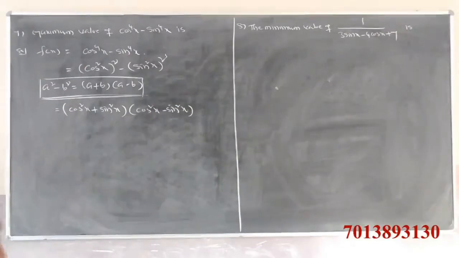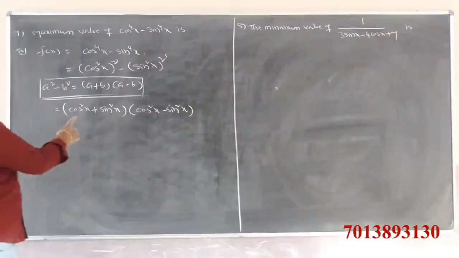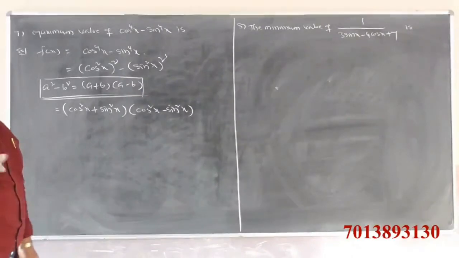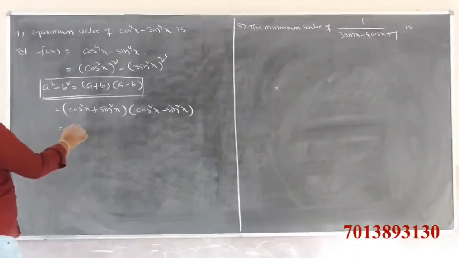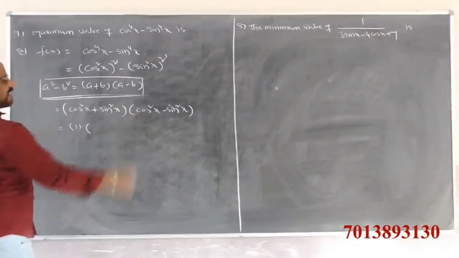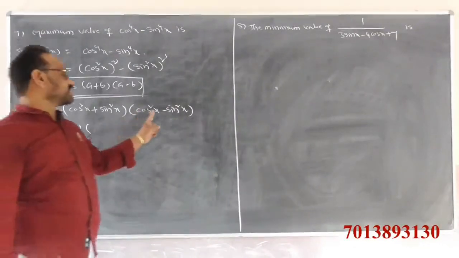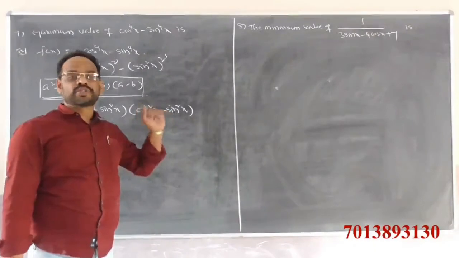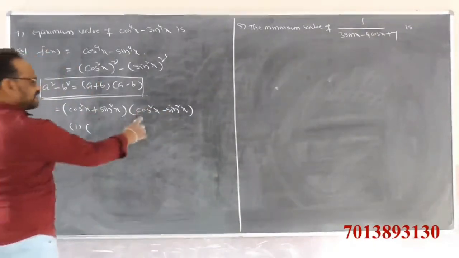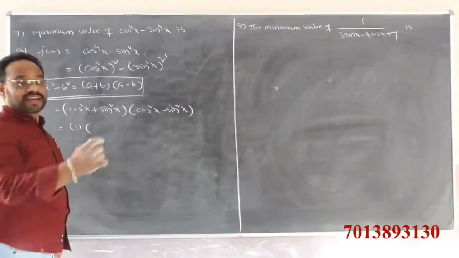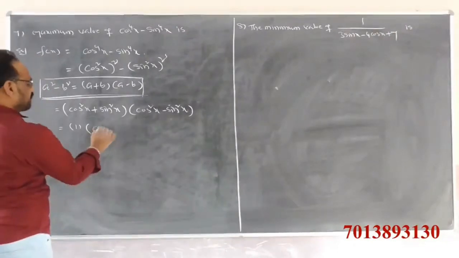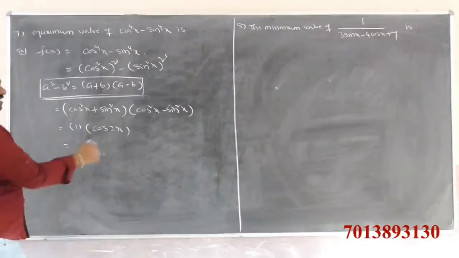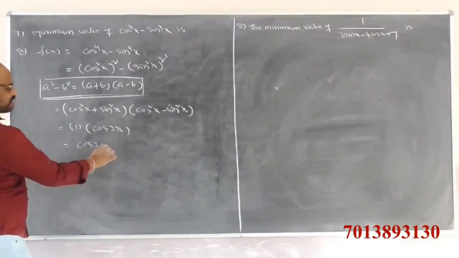Since sin square theta plus cos square theta is always 1, we get 1 into cos square x minus sin square x. Cos square theta minus sin square theta is the formula for cos 2 theta, so this is 1 into cos 2x, clearly cos 2x.